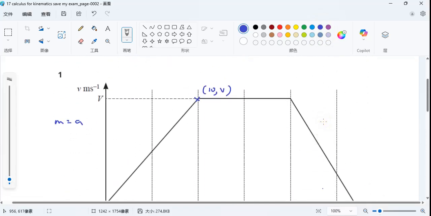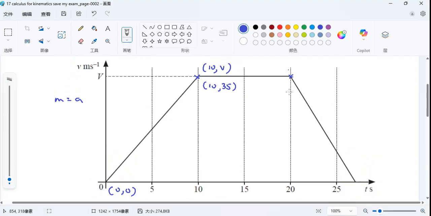So this is 10, 35, and then this is 20, 35, and then we have the 25, v here.